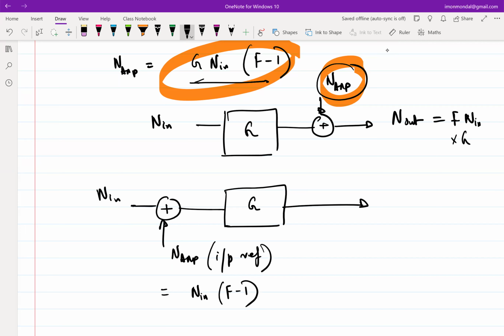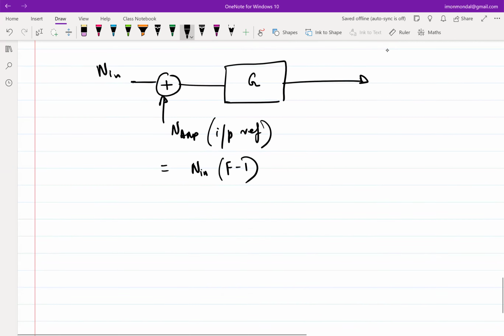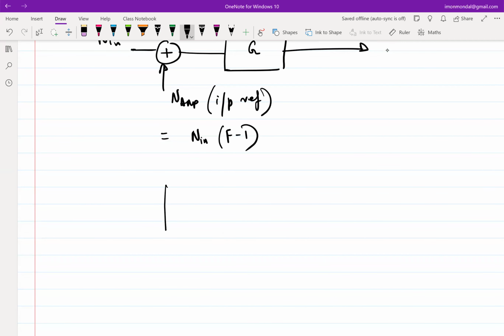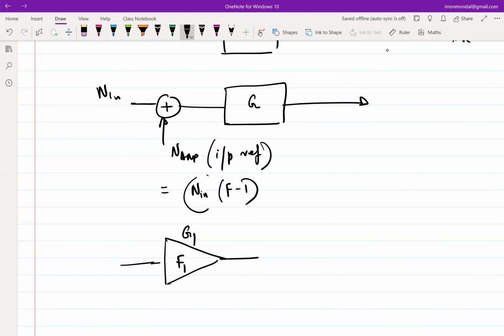So in principle, let's say I have an amp, a unilateral amp, which has a gain G1 and a noise factor F1. One of the first things that you should ask yourself now is, what is this noise factor referred to? Because unless you know N in, you will not be able to know the contribution of the noise of the amplifier.